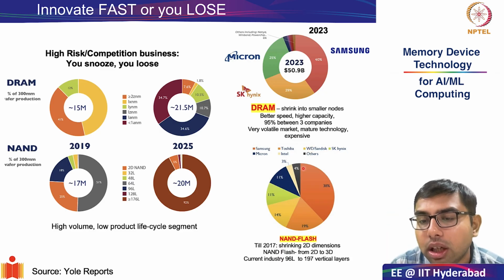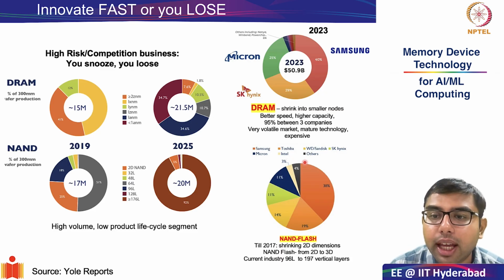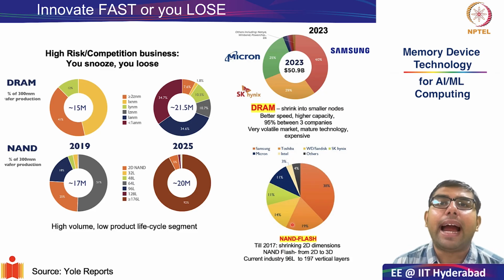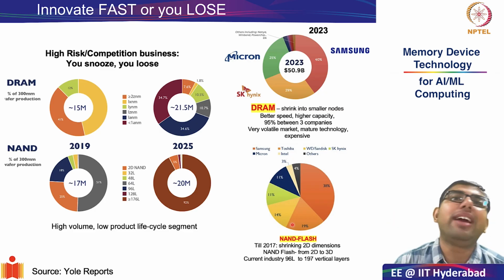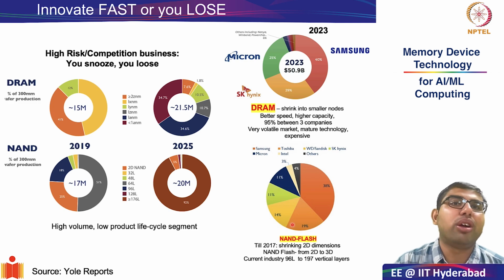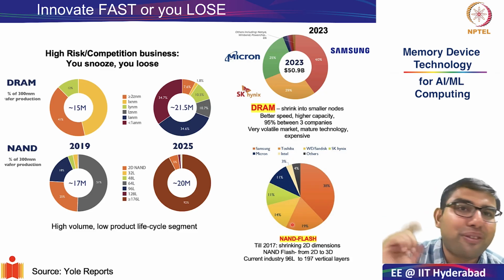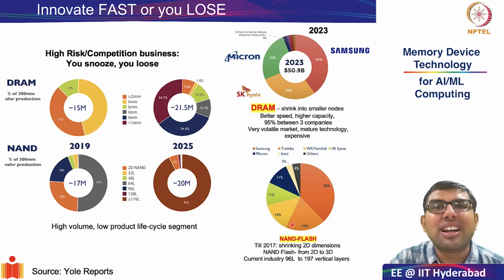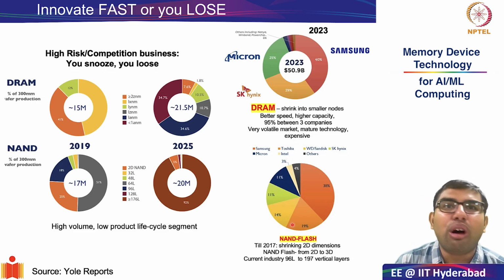But here, if you see, there is a little larger spread in the development of NAND flash. Can you just take a moment to think why that is the case? The key reason why there is some spread in NAND flash technology is because your flash cell or your NAND flash or your non-volatile memories are not only used for very high performance computing, they are also used for simple devices like your refrigerator or your washing machine.